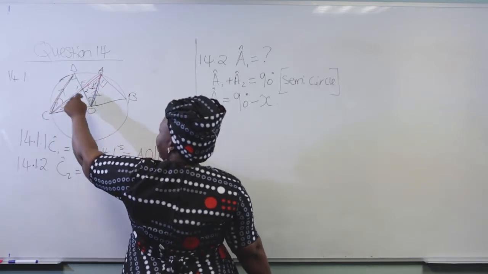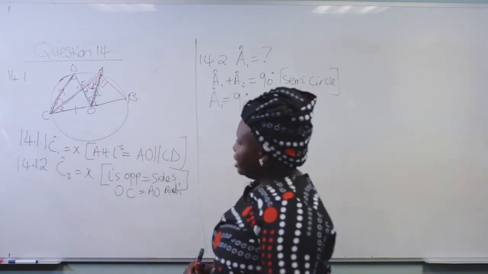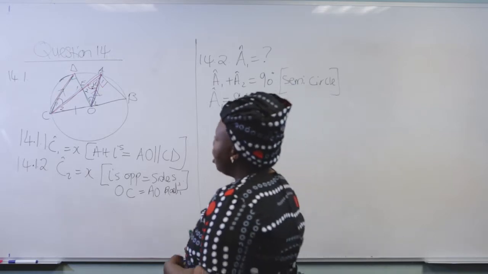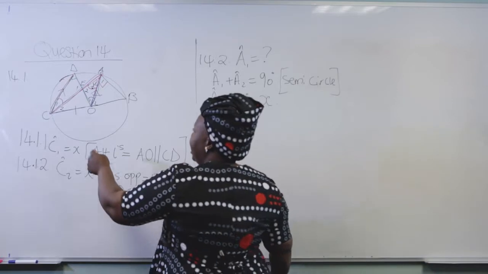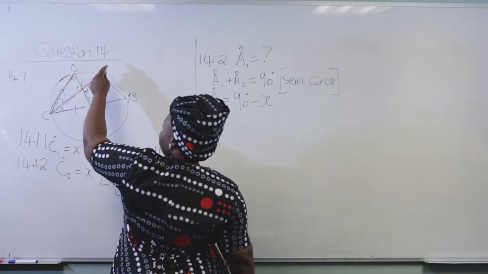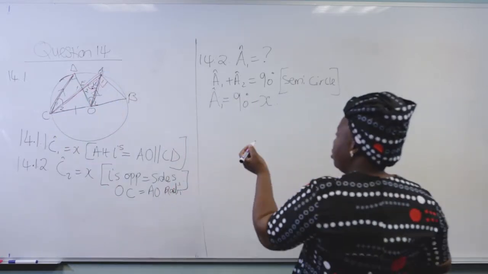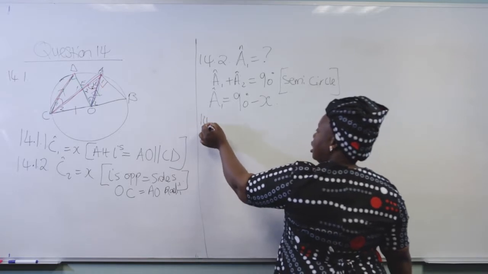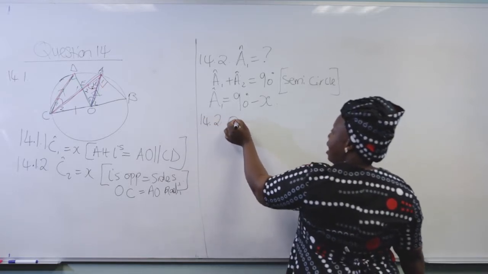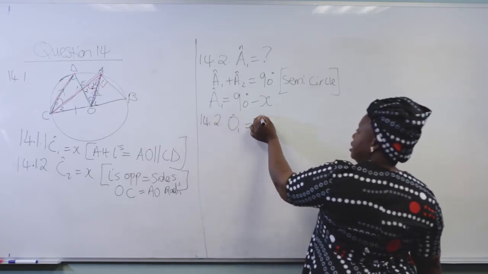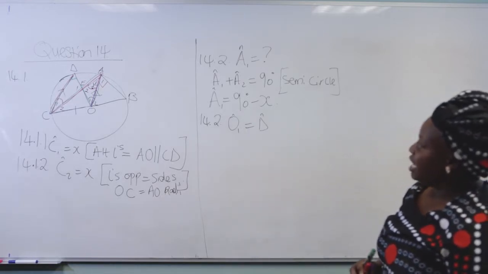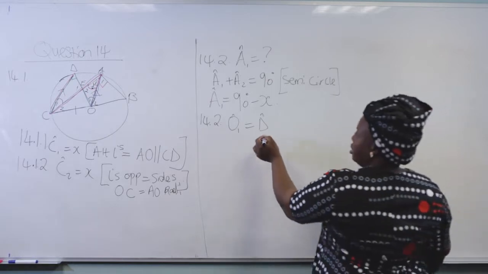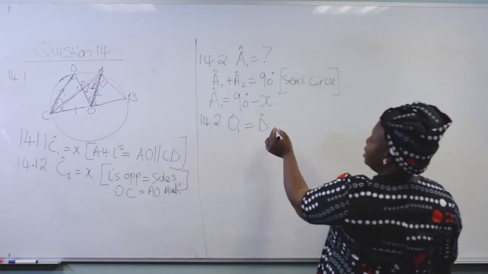So C1 and O1 will give us something similar. Okay, let's go to D. How will we get to D? Okay, we'll use parallel lines. D is also equal to O1. So let's write that down. It is 14.2. O1 is equal to angle D. And if O1 is equal to angle D, this is because of the alternating angles.